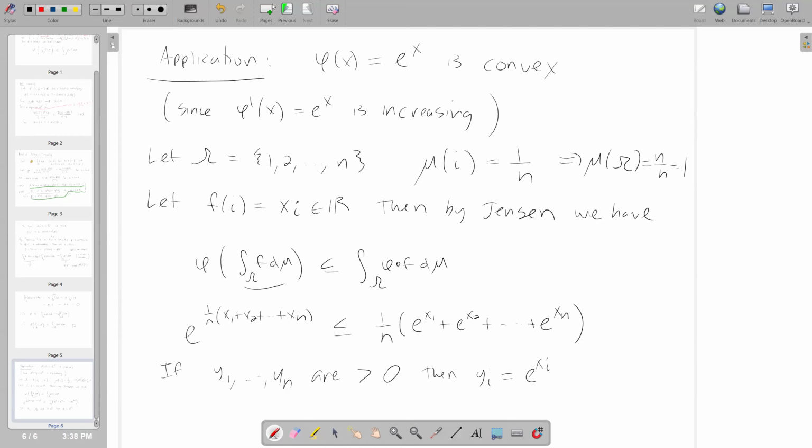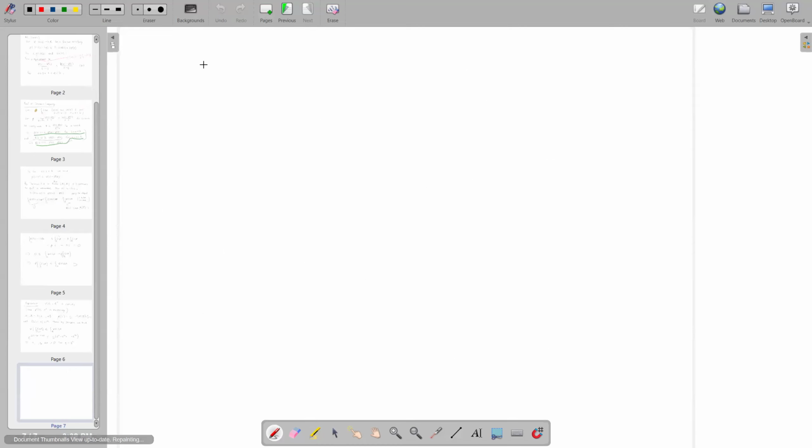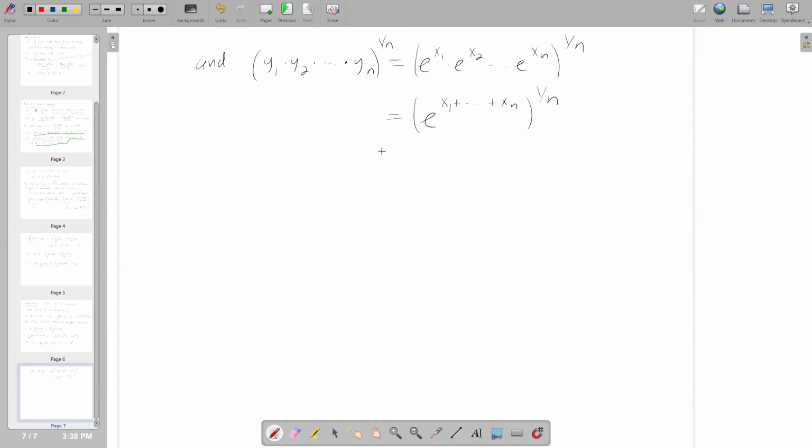And going to the next page here, y1 times y2 times all the way out to yn would then be equal to e to the x1 times e to the x2 all the way out to e to the xn. So that's equal to e to the x1 plus all the way out to xn. Okay. So then we can apply the 1 over n power to this. And then we can apply the exponential rule.